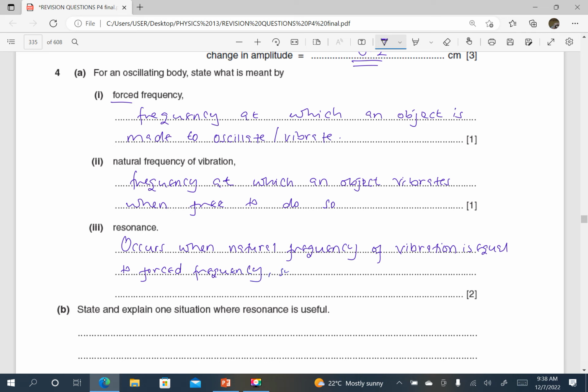Here the system absorbs maximum energy and vibrates with maximum amplitude.